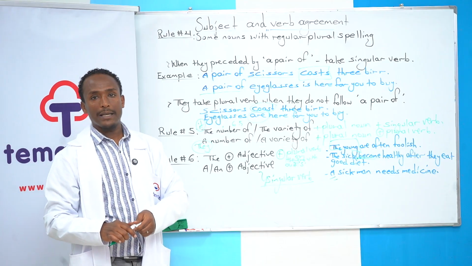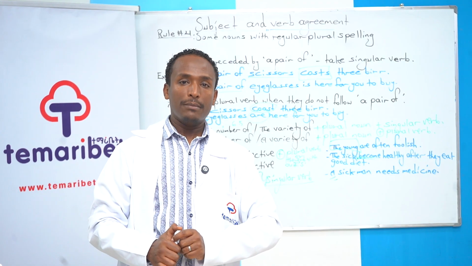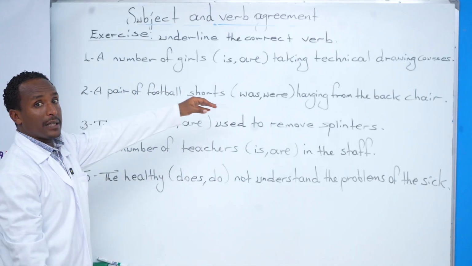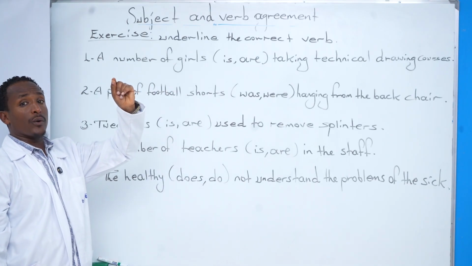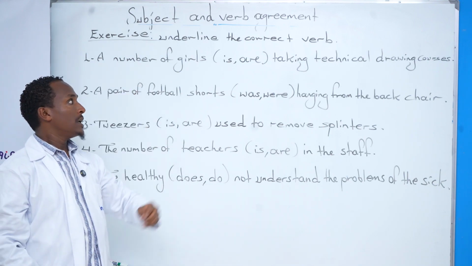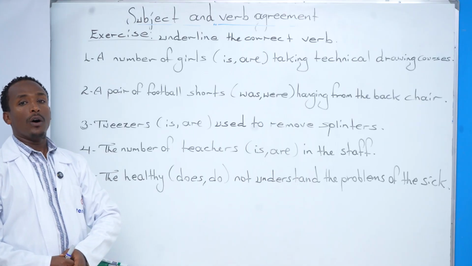Let's do some exercise from rule number 4, number 5, and number 6. Be with me. Question number 1. You are going to underline the correct answer, or put your answer on a piece of paper. A number of girls is or are in the technical drawing course. You have 10 seconds.